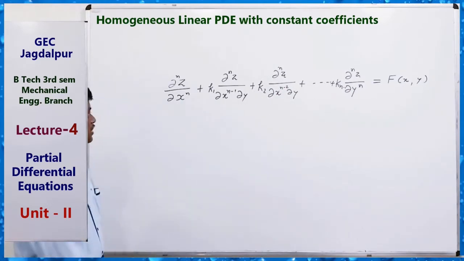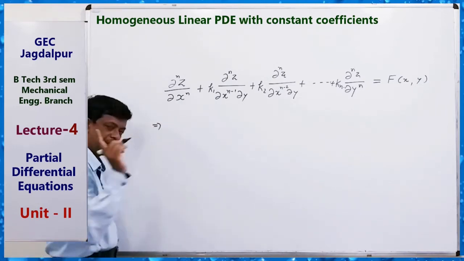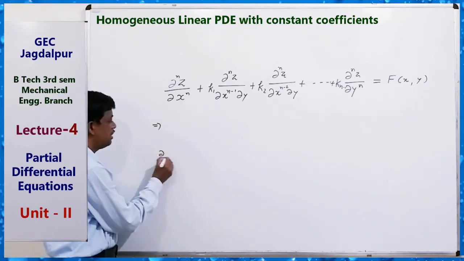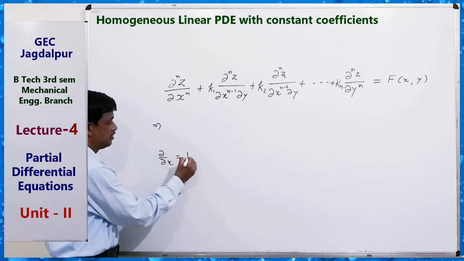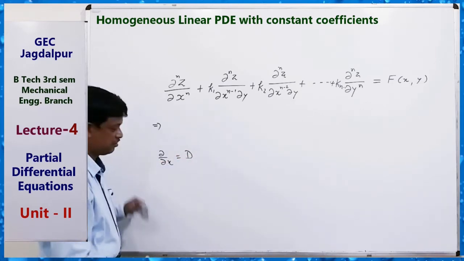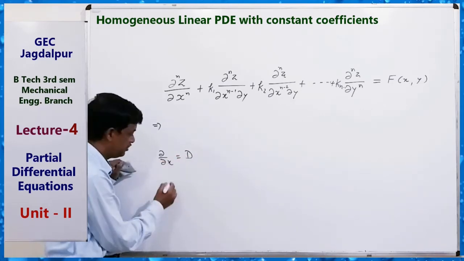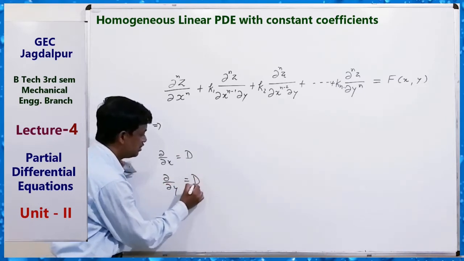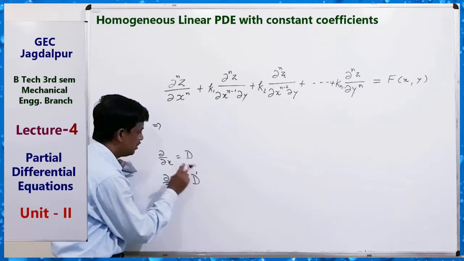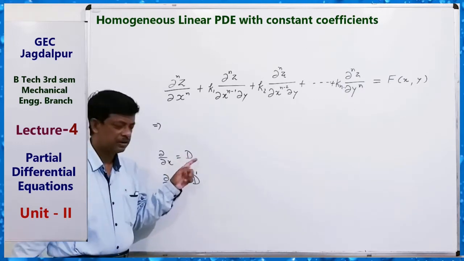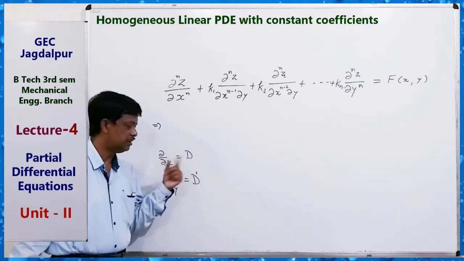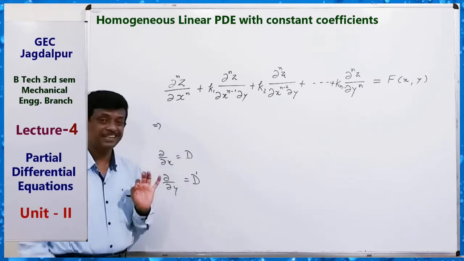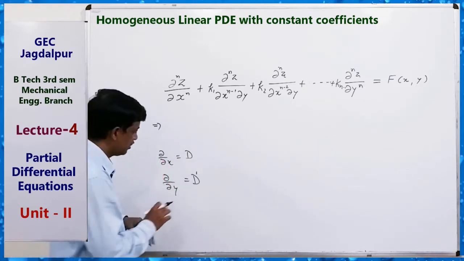If we write del by del x as D and del by del y as D dash, the partial derivative operator with respect to x is D and with respect to y is D dash. These are the notations.